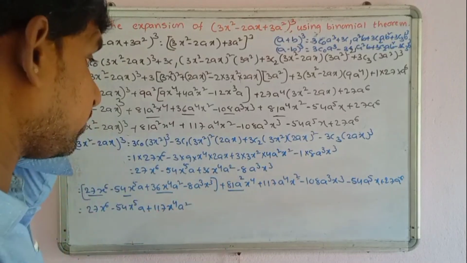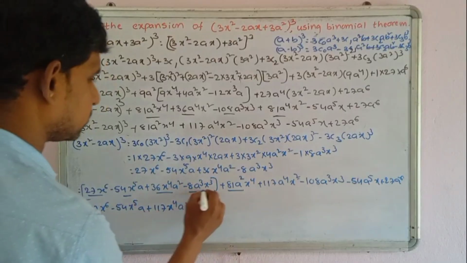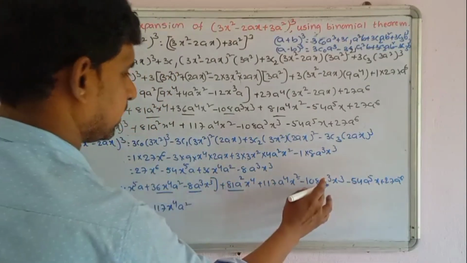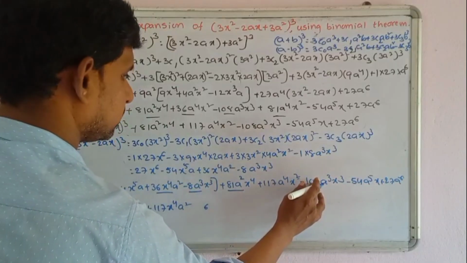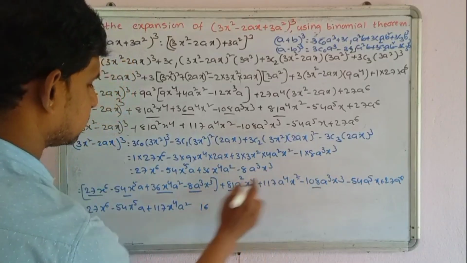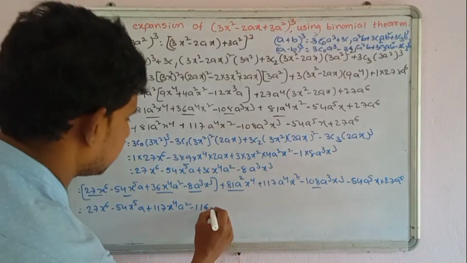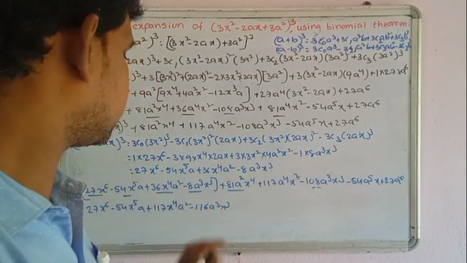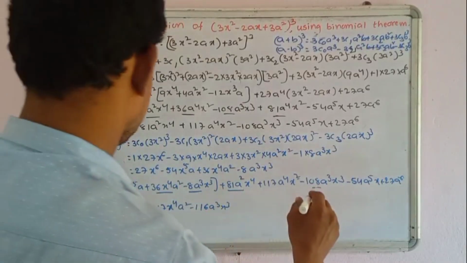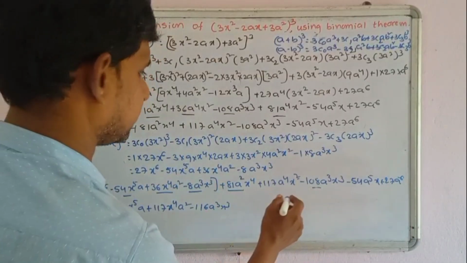Okay, a³x³. Okay, children. Minus 108 minus 8 is minus 116 a³x³. Got it. Next, x² terms.